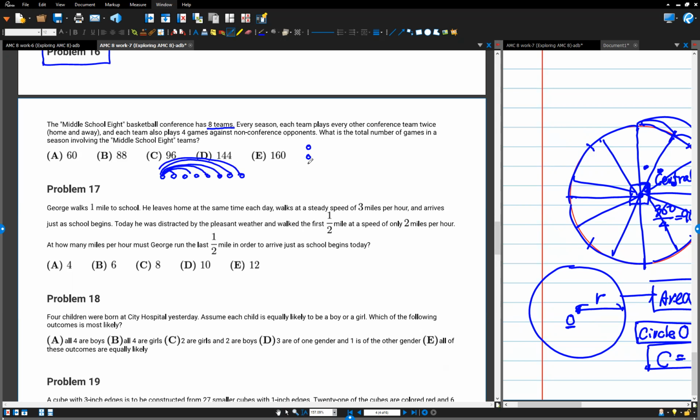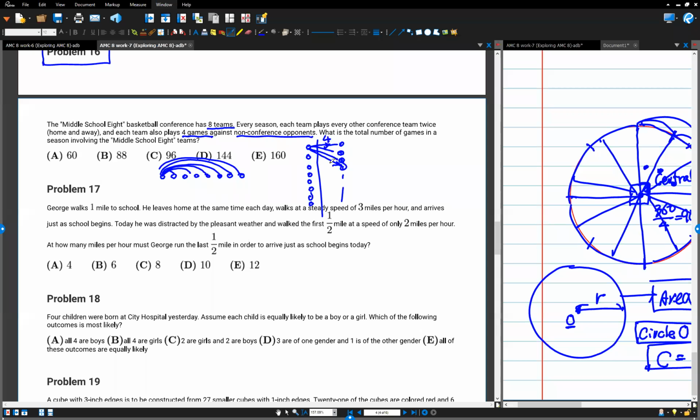And in addition to that, this is a 4. 1, 2, 3, 4, 5, 6, 7, 8 teams. But these teams can also have a game with one non-conference opponent, also 4 games. We don't know how many, but each one has played 4 games: 1 game, 2 games, 3 games, 4 games, something like that.